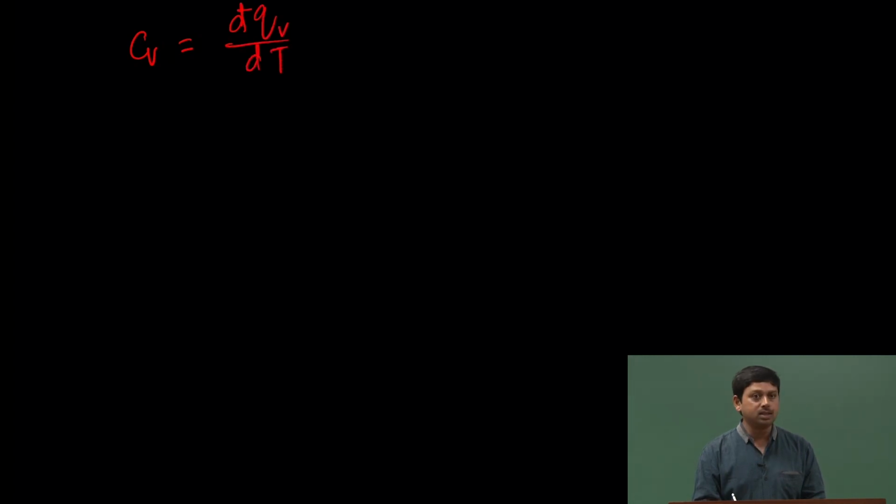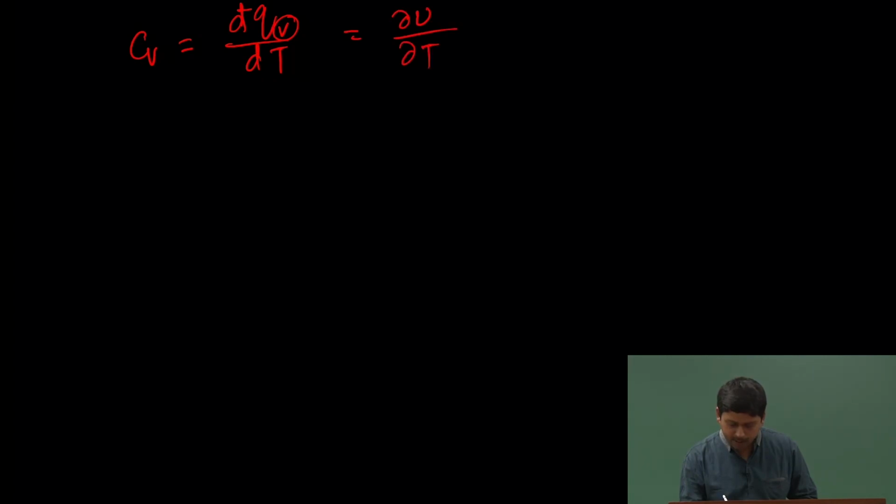This V is very important. This V denotes that we are talking about a constant volume process. Never neglect those things. Equal to del u by del t at a constant V. That is our Cv.